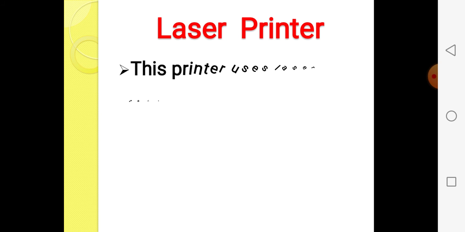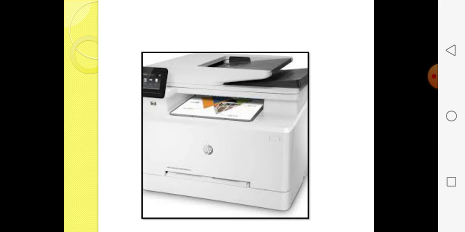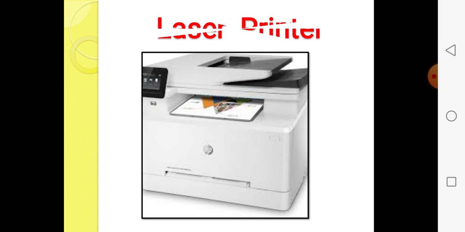Now the laser printer. This printer uses laser technology to print images on the paper, and gives the best quality output but is most expensive. This type of printer is very expensive, but the output is very clear.